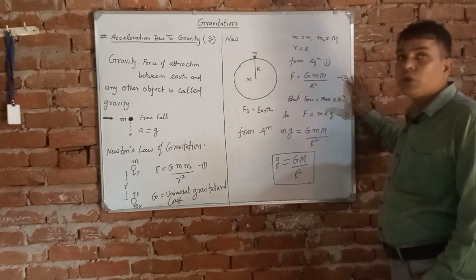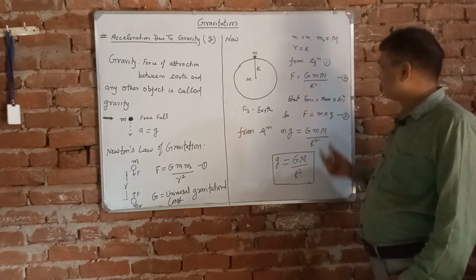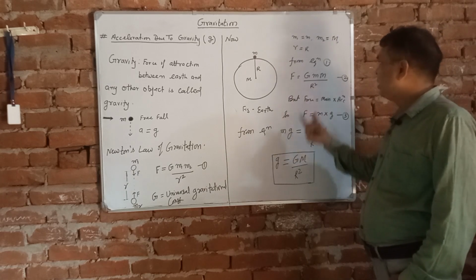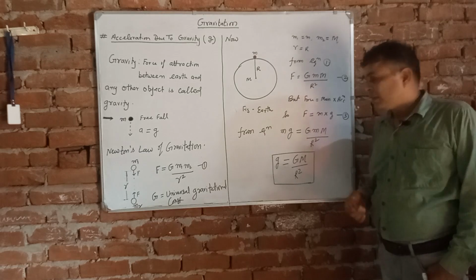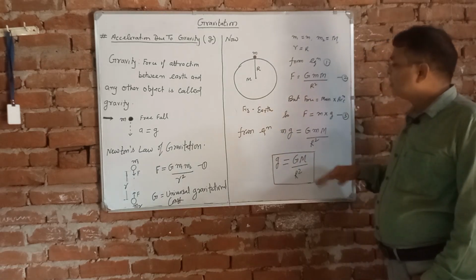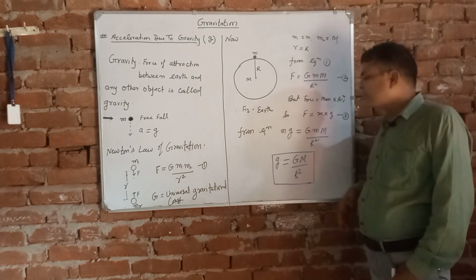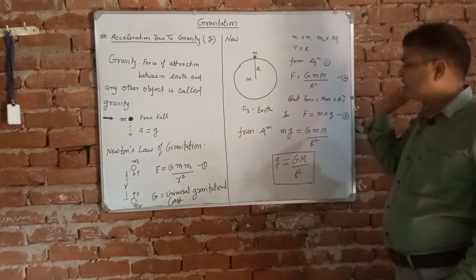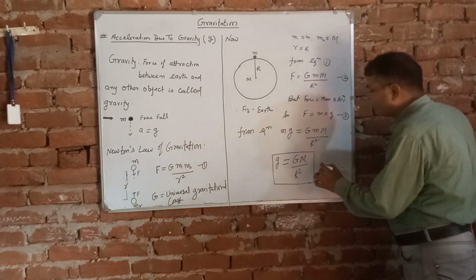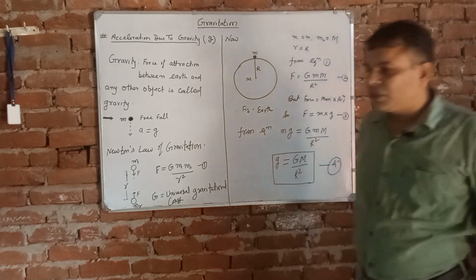Now equate equation 2 and 3, then mg in place of F, we can write mg is equal to G M m by r square. Small m is on both sides, so small m will be cancelled, and we get g equal to G M by r square. This is equation 4, and this is the expression of acceleration due to gravity.